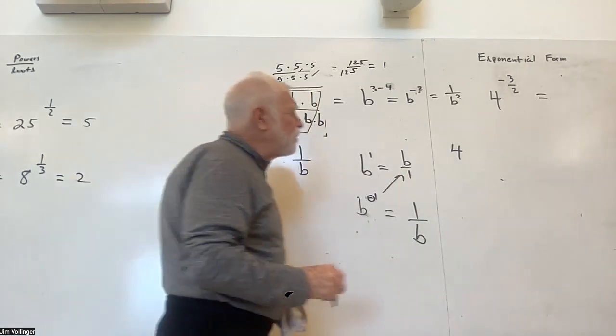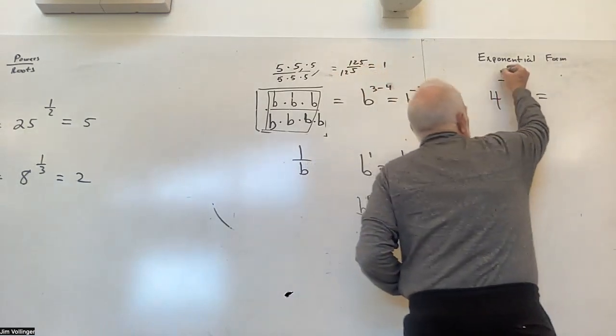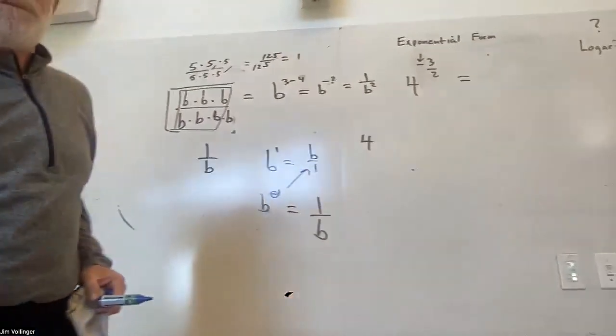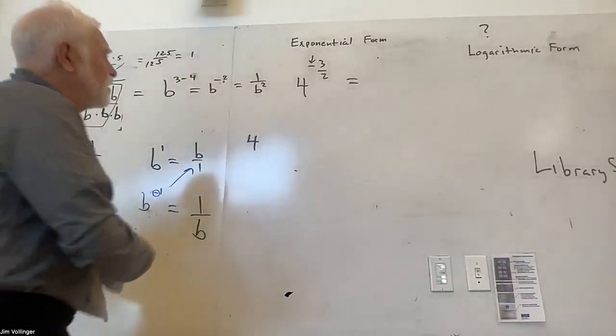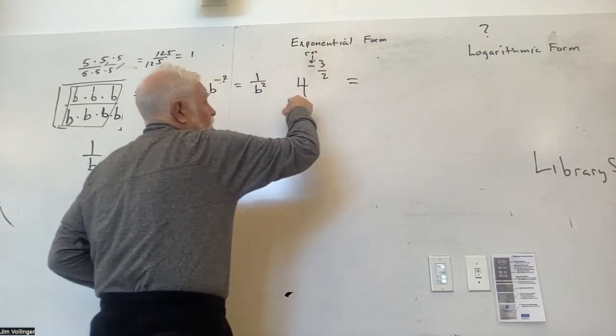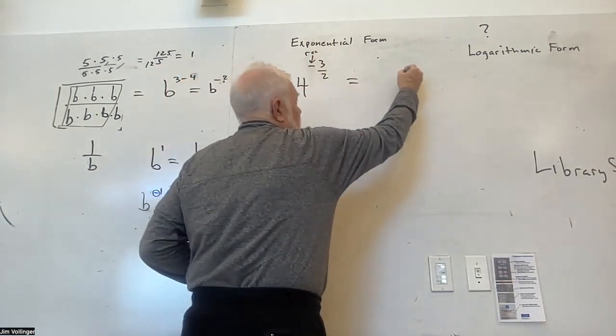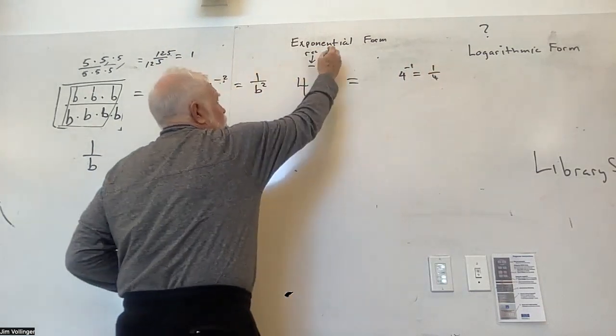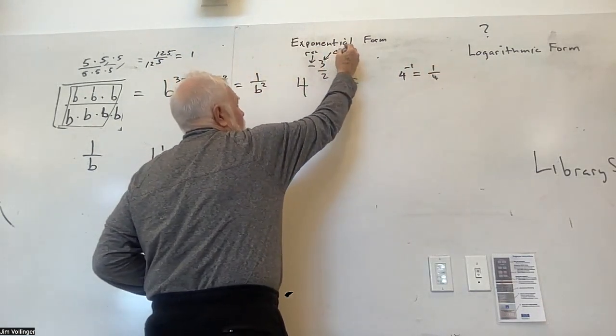So there are 3 parts to this. Let's bring it over here to make sure it's centered. There's 3 parts to this computation. There's reciprocation, which means if I did that first, I get 1 over 4. There's cubing, that's a power, right?